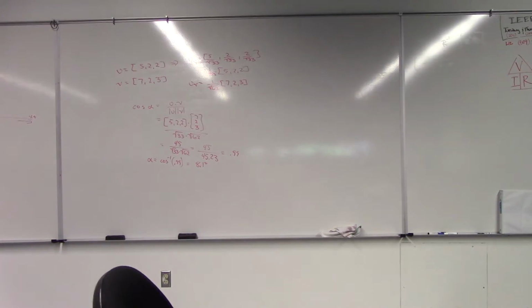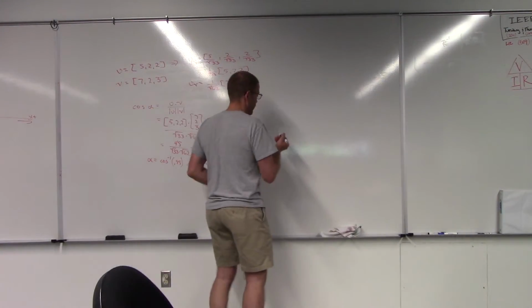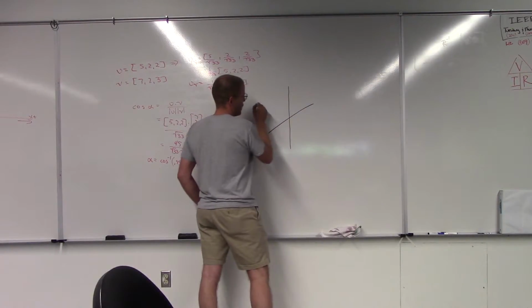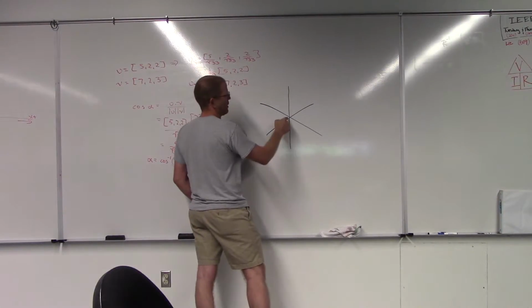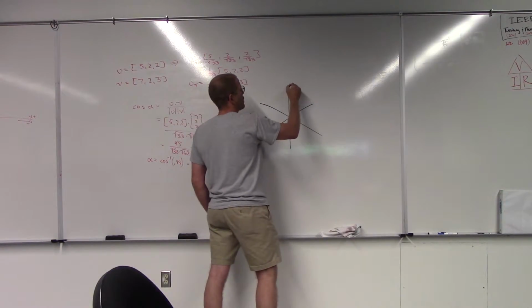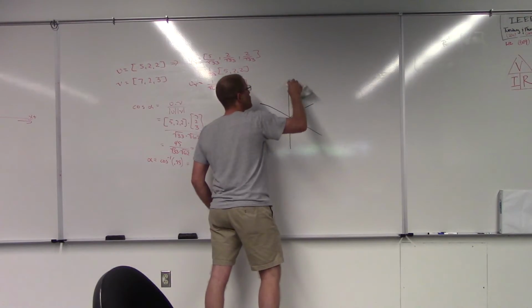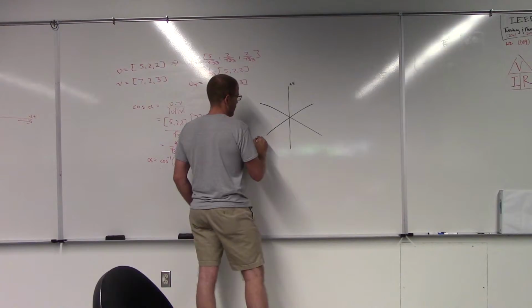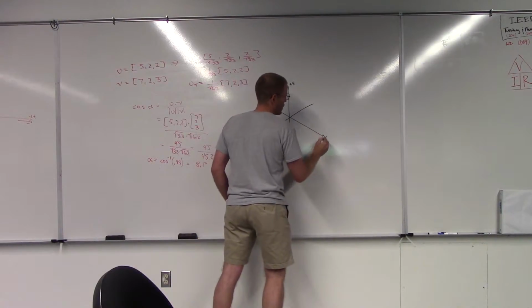So how can we attempt to visualize this to see if this makes sense? We can draw the vectors in 3 dimensions. I'm going to say my z-axis is here, and these are my other two axes. This is z plus, this is x plus, and this is y plus.